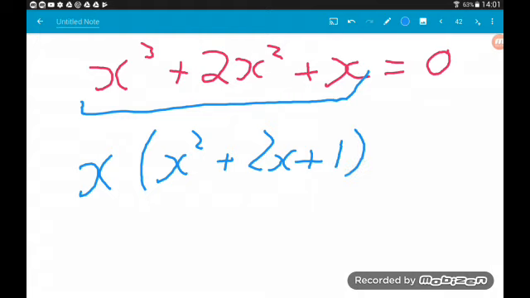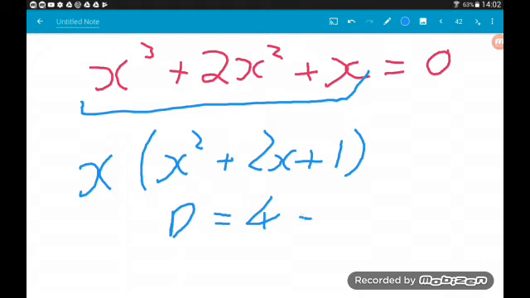Now, let's check that quadratic to see how many roots we are looking for. Again, if you can spot it, that's absolutely fine. I'm just using the discriminant because it's good practice. So, the discriminant here is going to be 2 squared, so 4, minus 4 times 1 times 1.